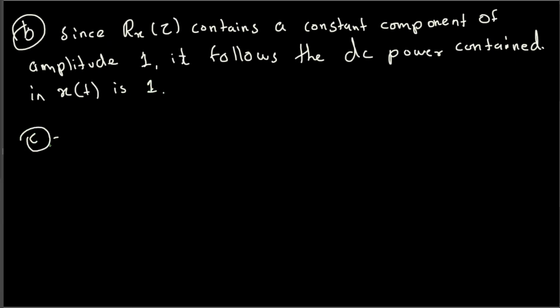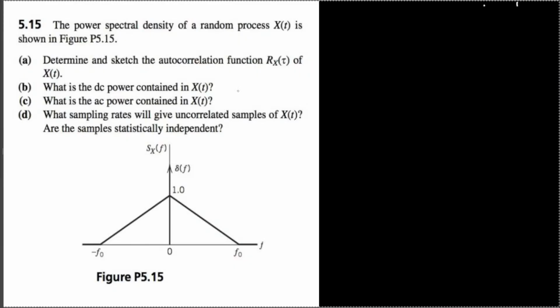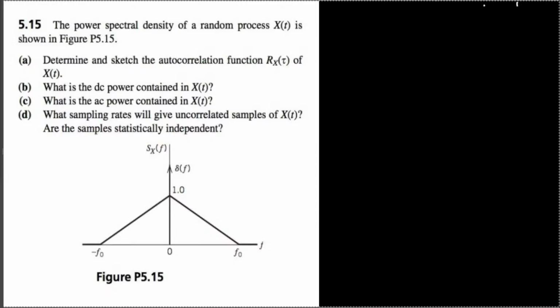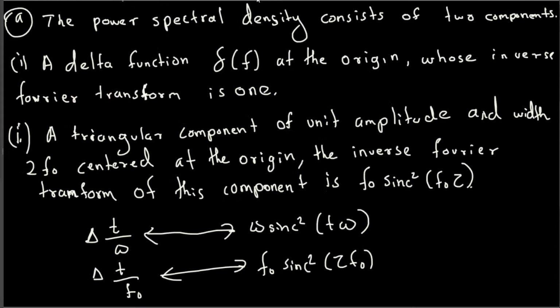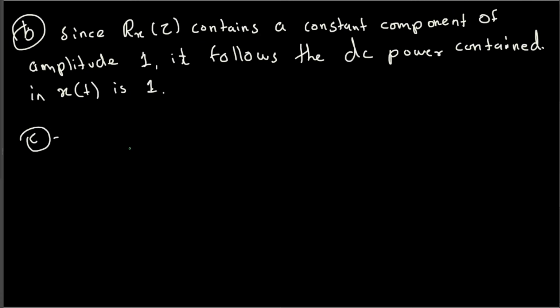And the C part is asking what is the AC power contained in x of t. So in order to see that, you have to plug a 0 for this, the equation we found out here. So here we have f naught sin square f naught tau, let's say you are taking Rx of 0.